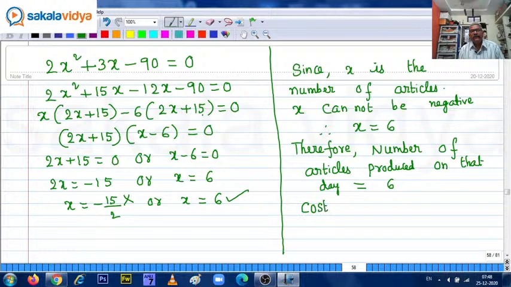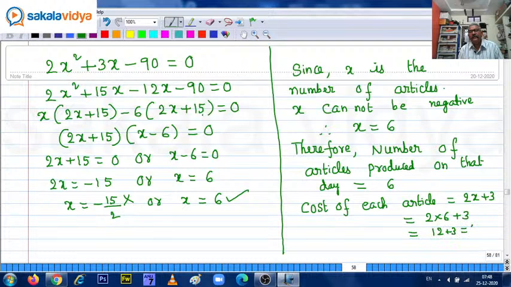Cost of each article is equal to 2x plus 3. That means 2 times 6 plus 3, 12 plus 3 is 15. So that we can write as 15 rupees. This is the answer. The number of articles produced on that day was 6 and the cost of each article was rupees 15. So this is the question.